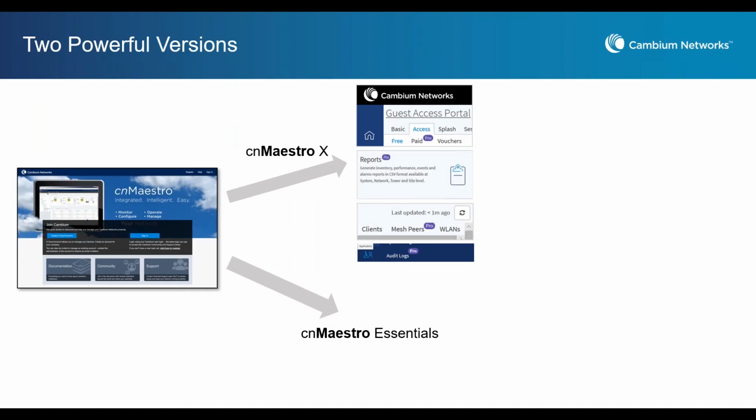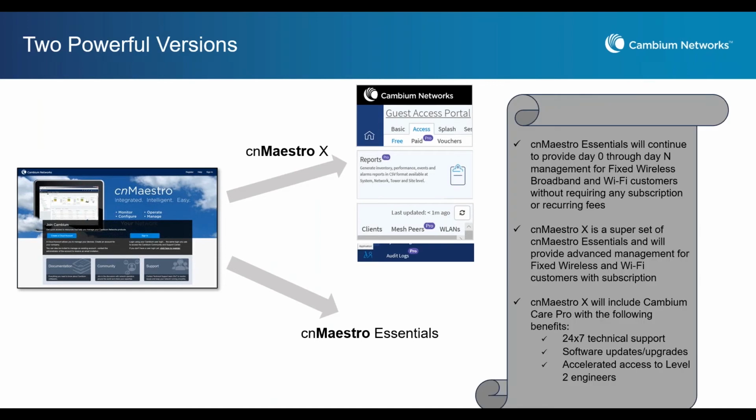That journey has taken us almost 18 plus months, and here we are with two versions, cnMaestro Essentials and cnMaestro X. All the Pro features fall into the cnMaestro X bucket.